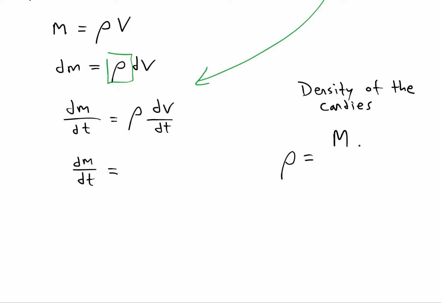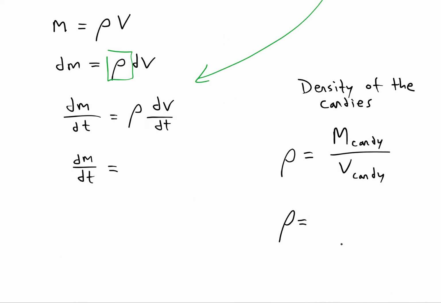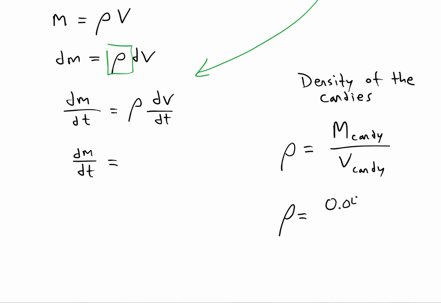It would be found by dividing the mass of one candy divided by the volume of that candy. So 0.04 grams divided by 80 millimeters cubed.